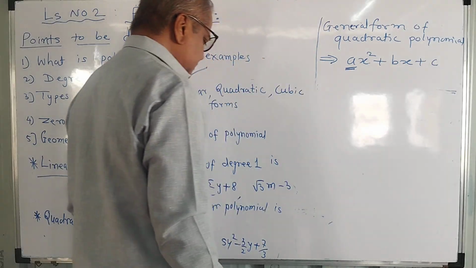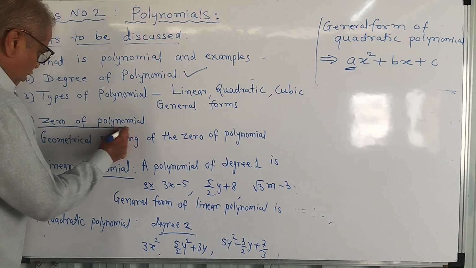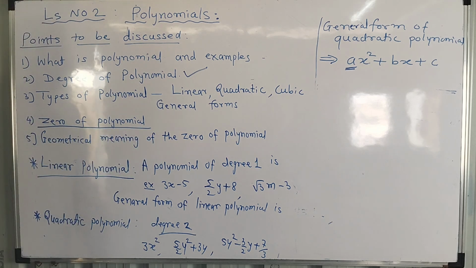Now the next point is a very important point. What is zero of polynomial? Zero of polynomial is the value of variable for which the value of polynomial becomes 0.